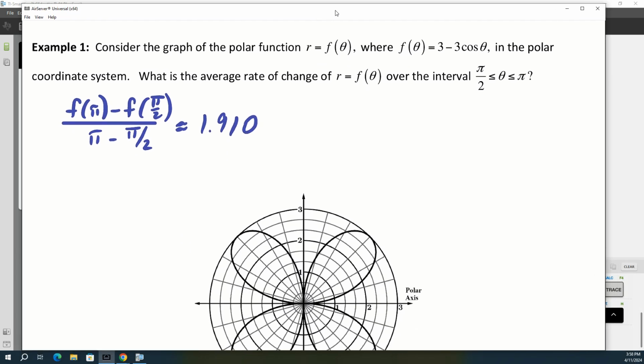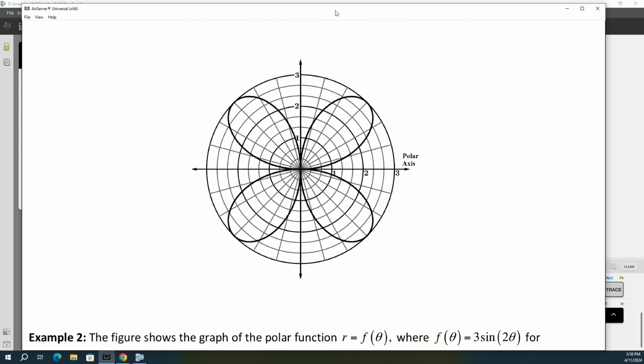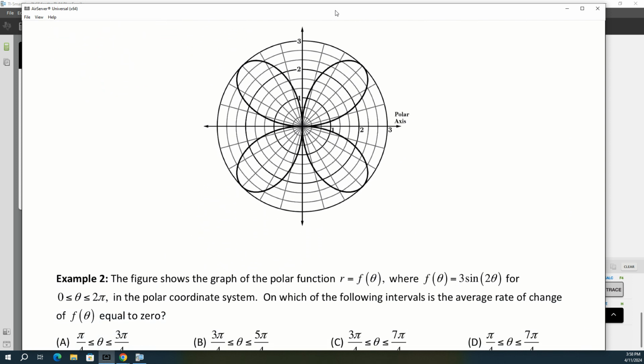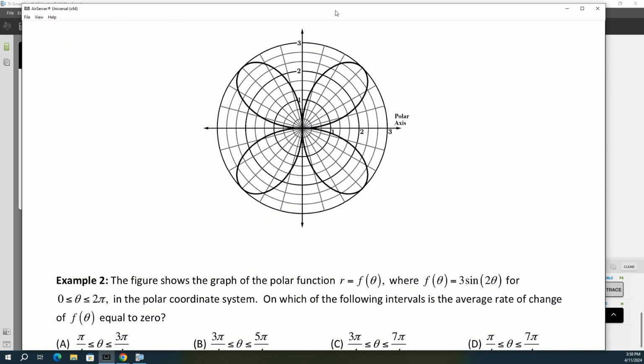All right, this next question, it's kind of difficult to do if you use the graph. The graph feels like the slope is going to be 0. Like this is pi over 4, and this is 3 pi over 4.